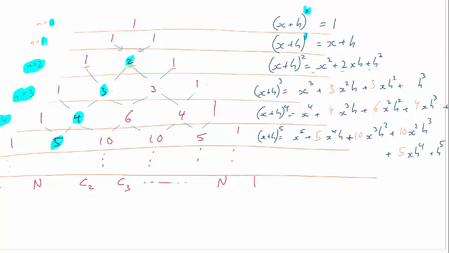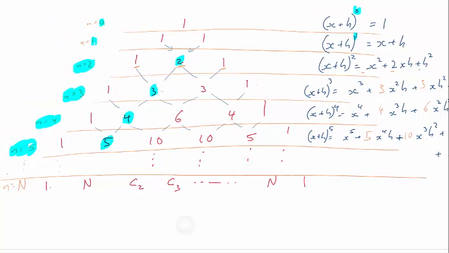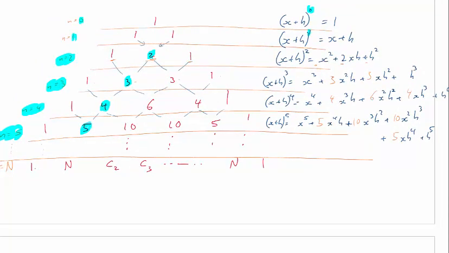Now, what about the general case, this last one, where we just have some arbitrary n? In that case, this is x plus h to the nth power.